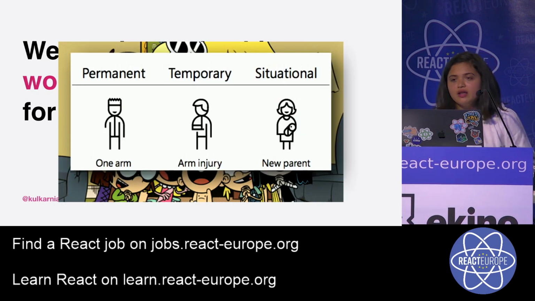Put your hand up if you ever had a broken arm, cut your finger, or had blurry vision after using eye drops. I did. We all did. These are all situations we need to consider accessibility for. Accessibility could be permanent, temporary, situational, and so on.